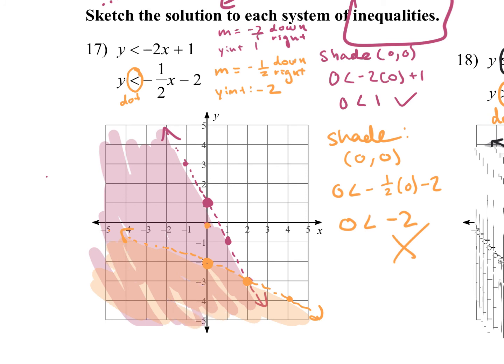And then what's the last step? Once I've shaded everything, what should I do next? Erase whatever's not in common.